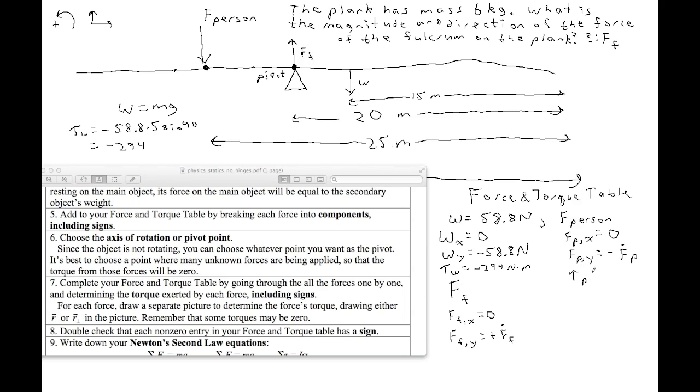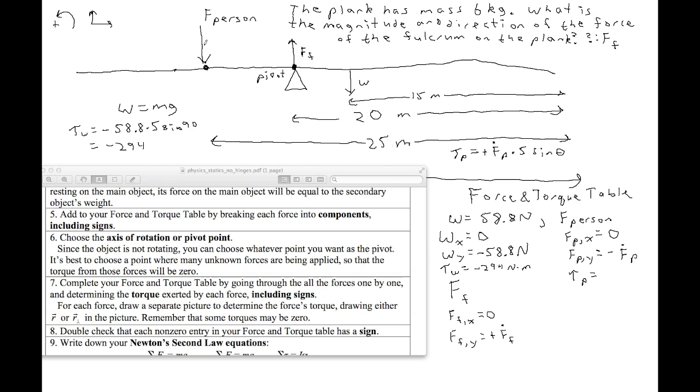Okay, so the torque from the person. So it would be the force of the person times 5 meters. And that would be a positive torque because it's counterclockwise. Good.